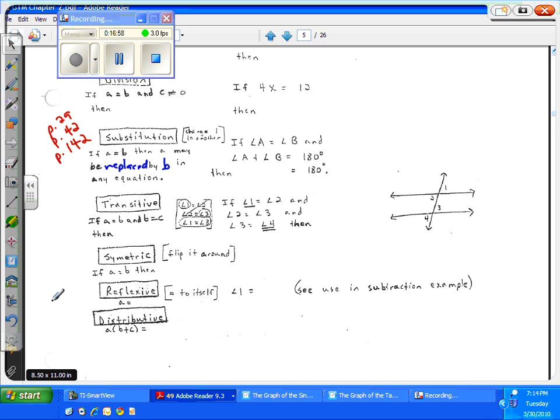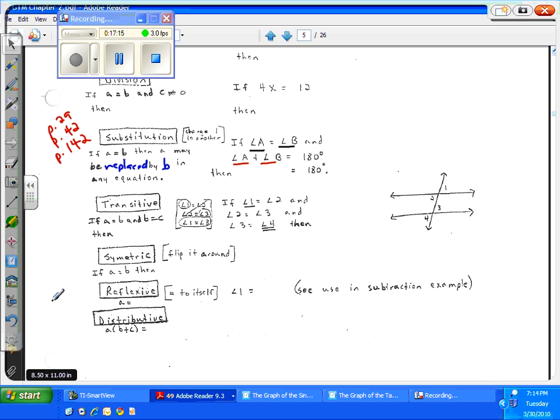An algebraic example may be where we're trying to prove that angle A is equal to 90 degrees. And we may have the statement that angle A is equal to angle B, and then the statement that angle A plus angle B is equal to 180.